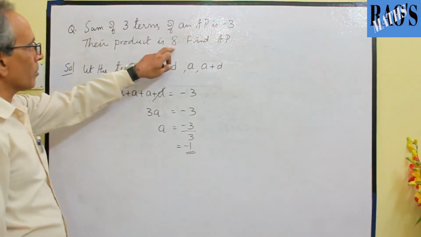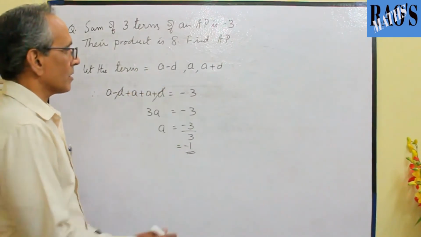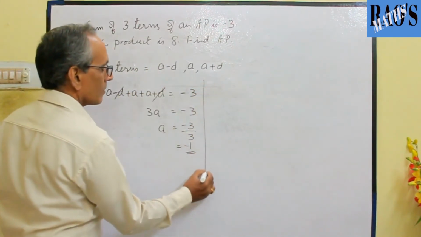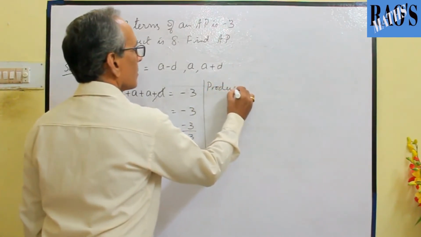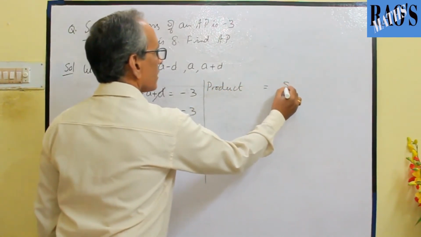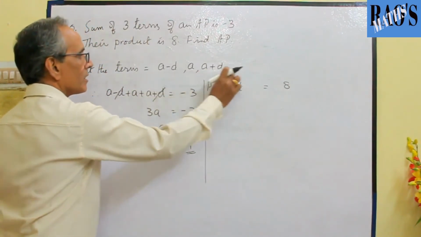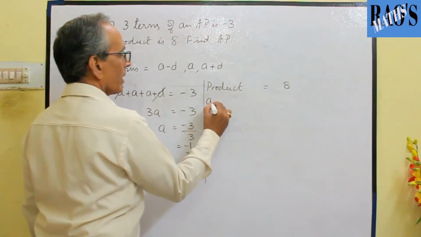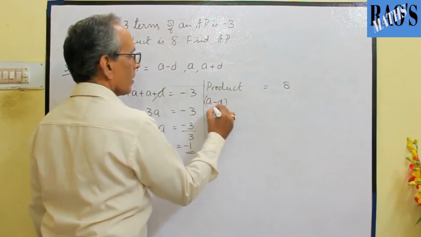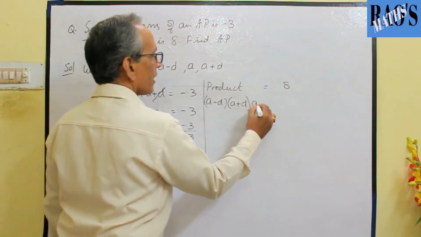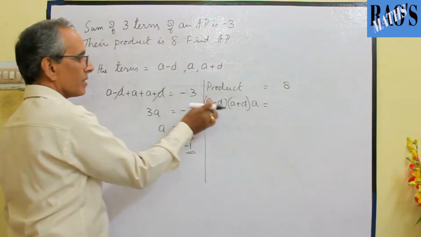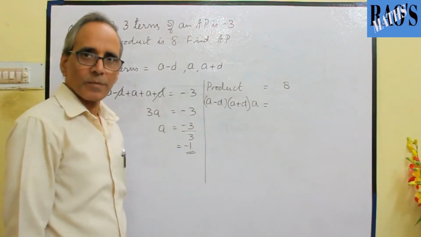Also given is the product of these three terms, which is equal to 8. The same three terms: A minus D, A plus D, and A. We can write the terms in any order by the commutative property.